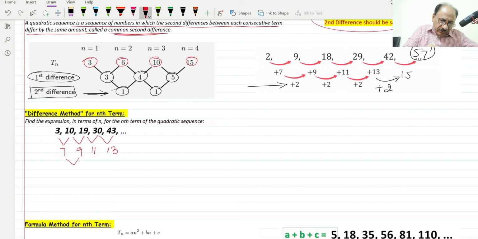And now we will calculate the second difference: 9 minus 7 is 2, 11 minus 9 is 2, 13 minus 11 is also 2. We have calculated the second difference.